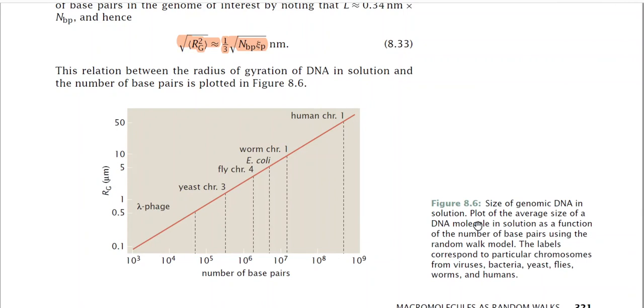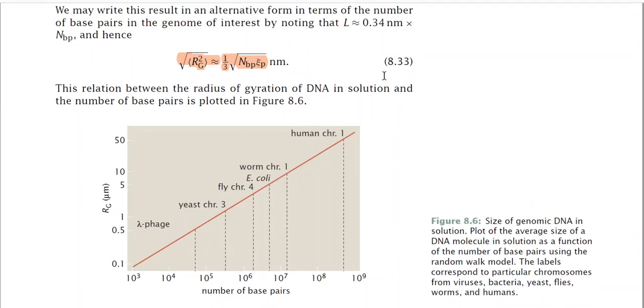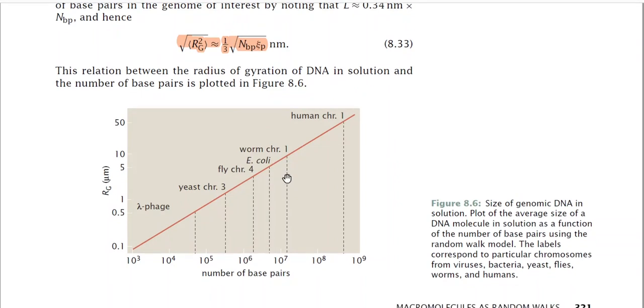For example, it is a plot of the average size of a DNA molecule in a solution as a function of the number of base pairs using the random walk model. So this particular graph has been framed by using the random walk model, where the value of the Rg has been calculated by formula 8.33, and this particular value of the Rg for different cases has been plotted.